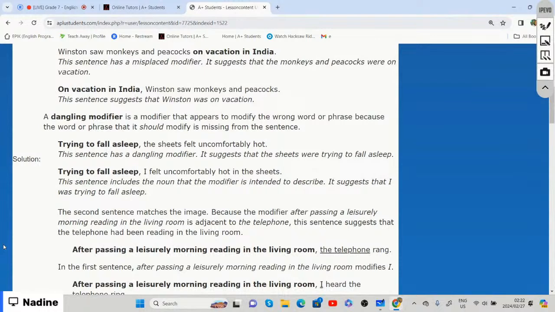In this case, it seems like the sheets are getting hot and not the person. But if we fix that, we can say, trying to fall asleep, I felt uncomfortably hot. So now it is a person that is getting hot. So it includes a noun that the modifier is intended to describe.